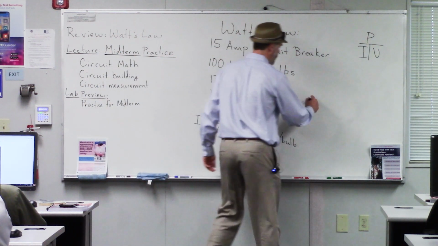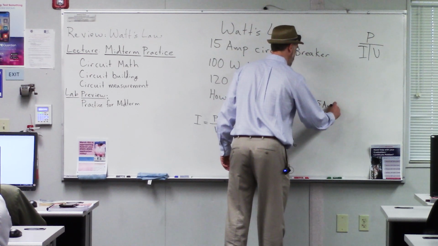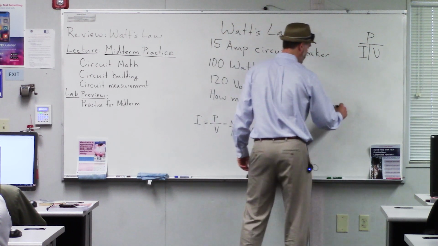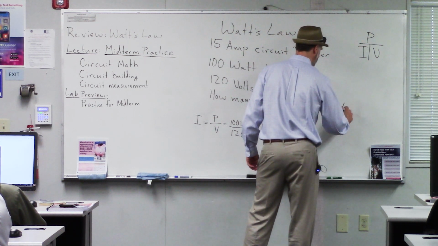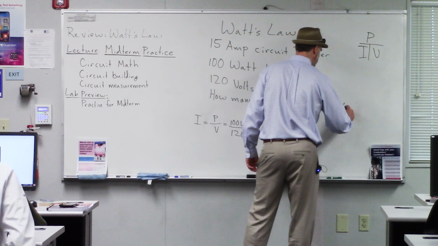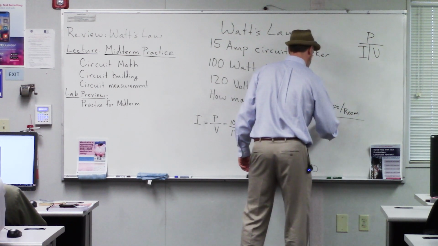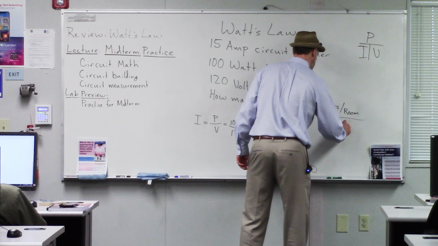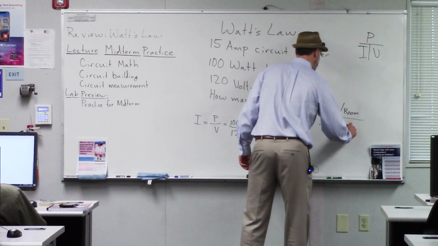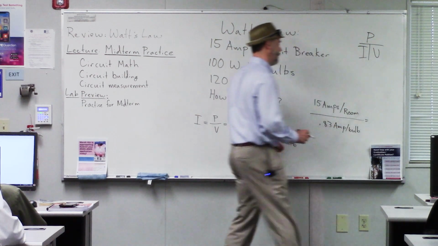So if we say that we have 15 amps per circuit, or per room, say, and divide that by 0.83 amps per bulb, then what does that come out to be?